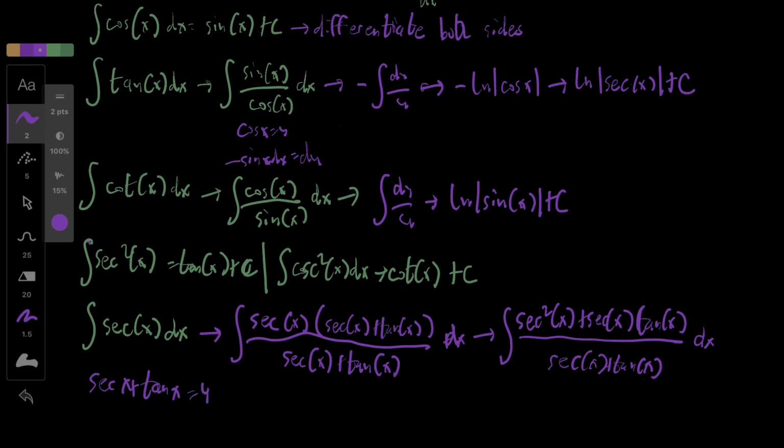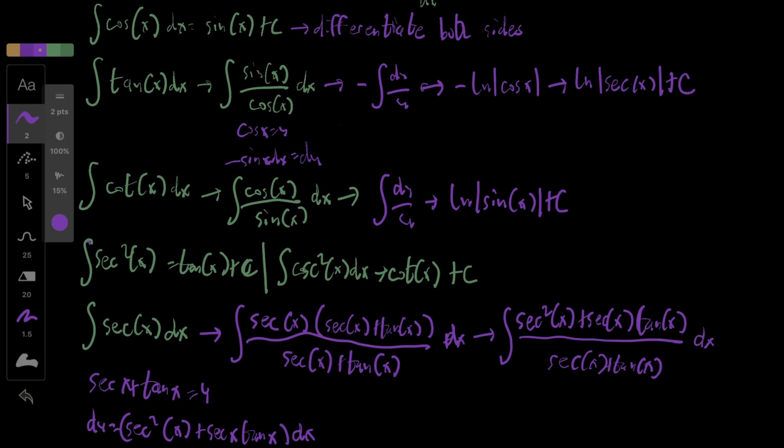And if we differentiate that, du is equal to secant squared of x from differentiating tan of x plus secant of x tan of x, and that is going to be equal to du, and as you can see, that's where our integral is.